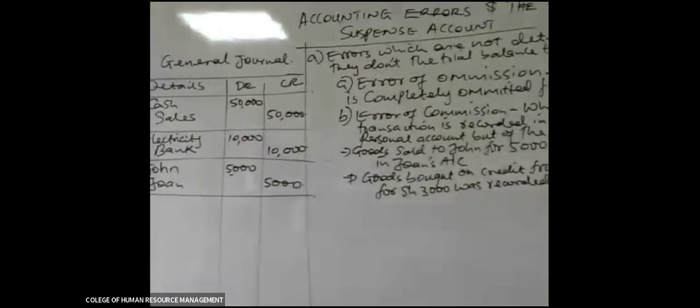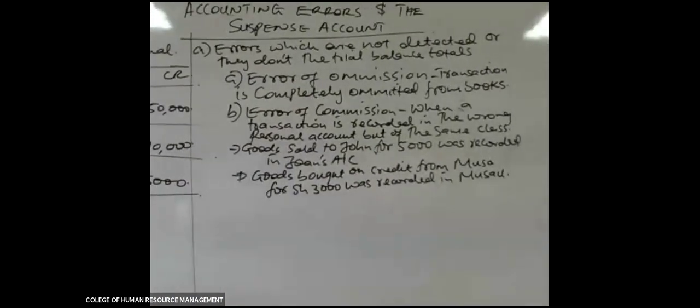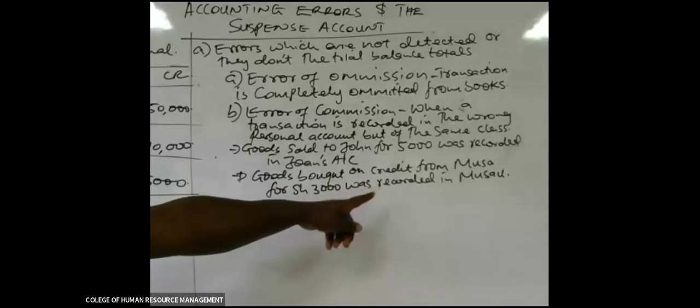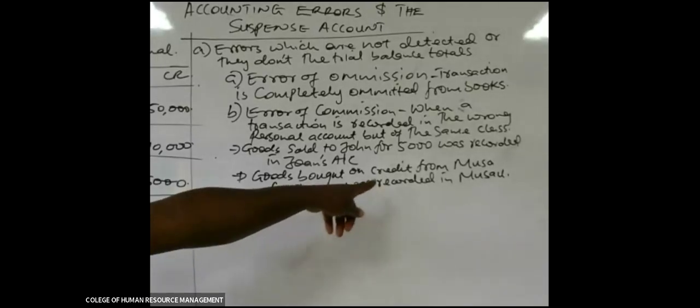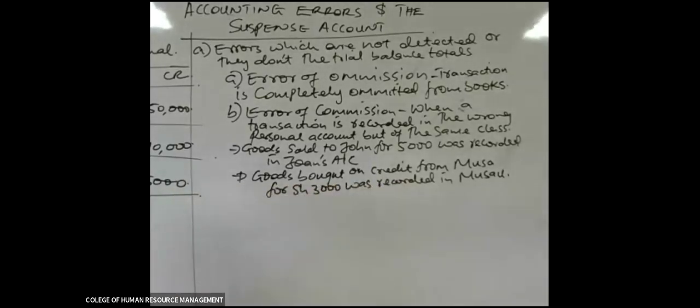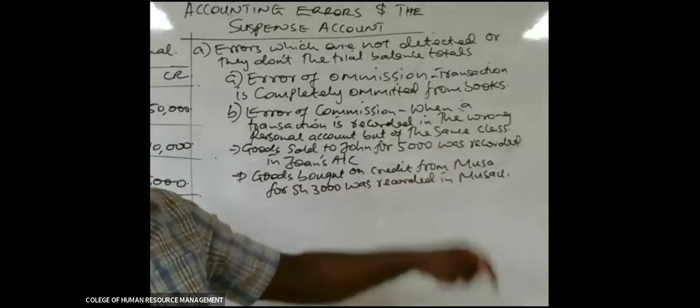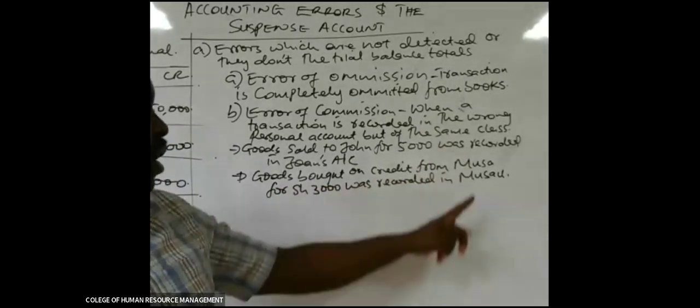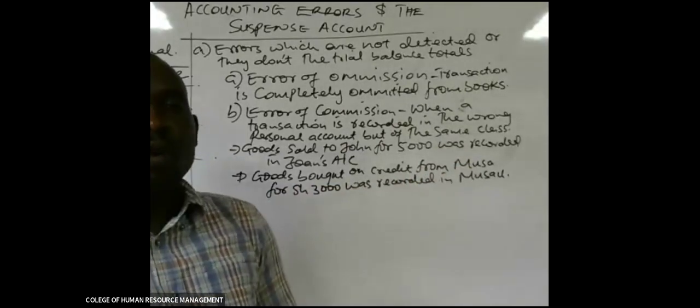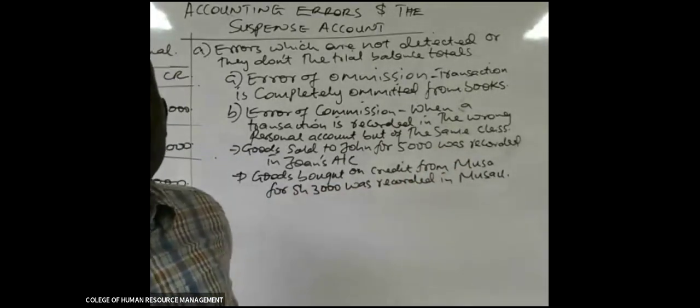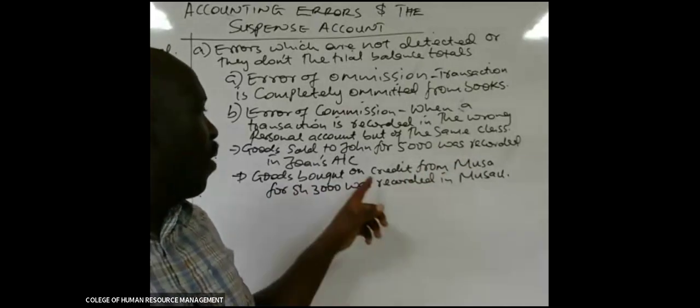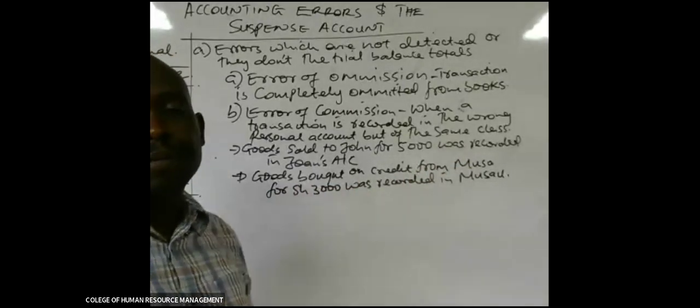We bought goods from Musa, 3,000. But when we went to recording, instead of recording in the account of Musa, who is now the supplier, we have recorded in an account of Musau, who is a different supplier. Musau, yes, is a supplier, but he's not the one who supplied these goods.